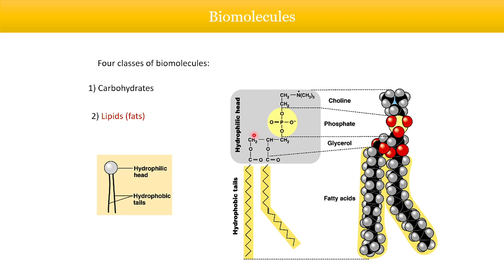The hydrophilic head comprises choline, glycerol, phosphate, so phosphoglyceraldehydes. There are many different names given, like the phospholipids, and many different types of lipid molecules present over there. So you can remember that the lipid has a hydrophobic tail and a hydrophilic head.